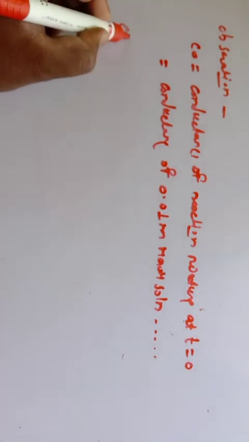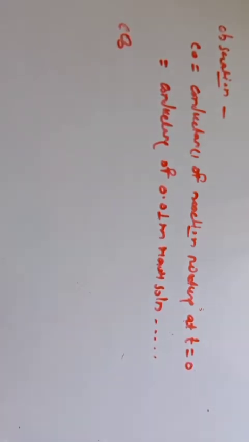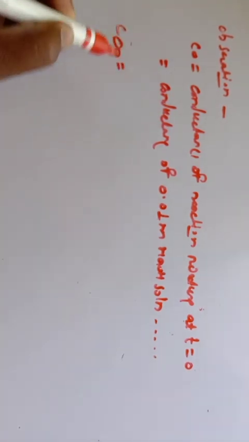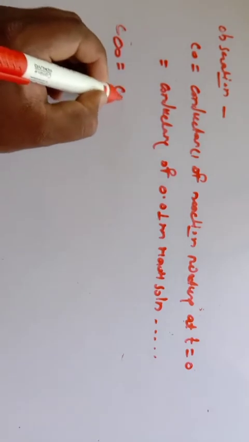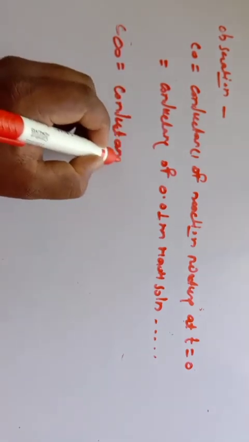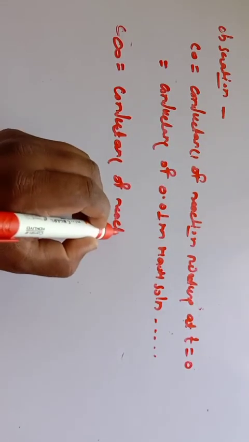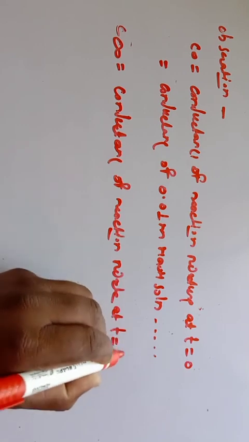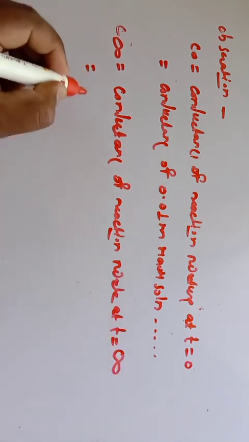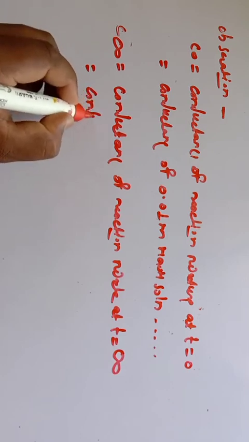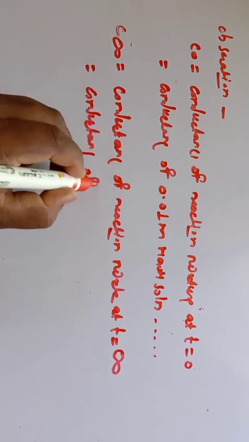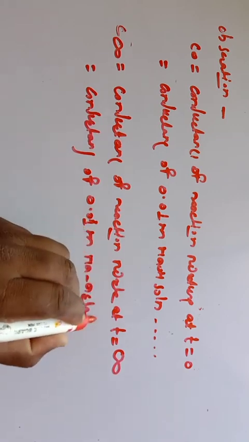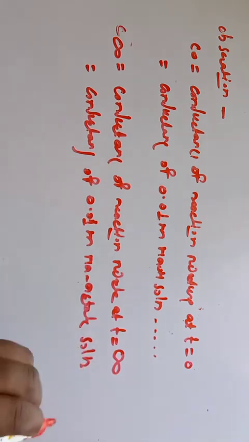And again, the C infinity is the conductance of the reaction mixture at t equal to infinity, which corresponds to the conductance of 0.01 molar sodium acetate solution.